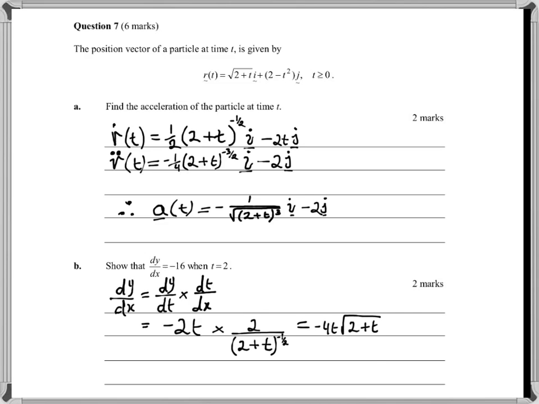When we multiply, we obtain this. That's the expression in terms of t for dy/dx. Now we want to know the derivative when t is equal to 2. So substitute t equals 2 into our rule, evaluate it, and we get negative 16. We've shown that dy/dx is equal to negative 16. There it is. How'd you go? Next question.